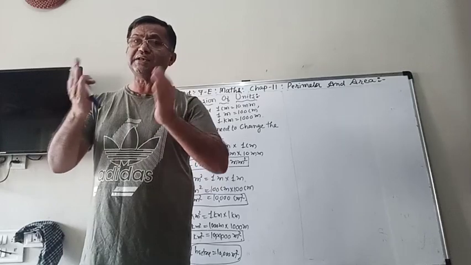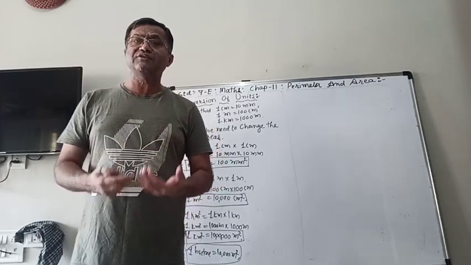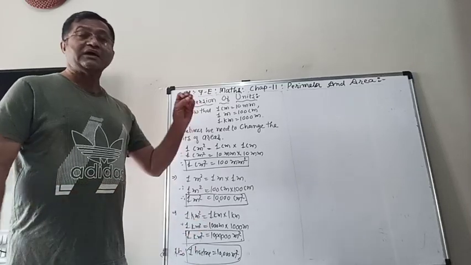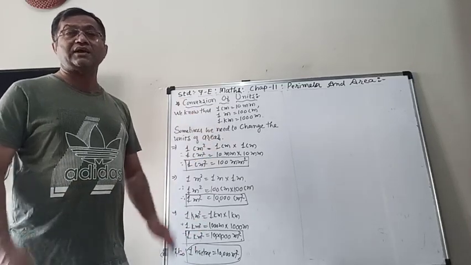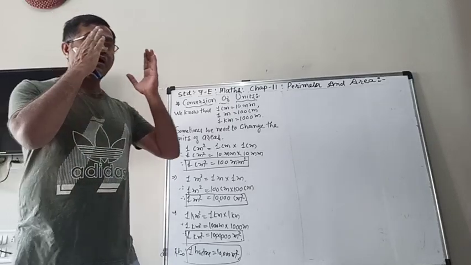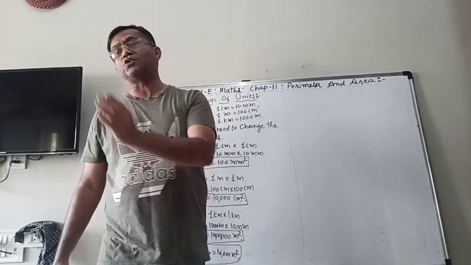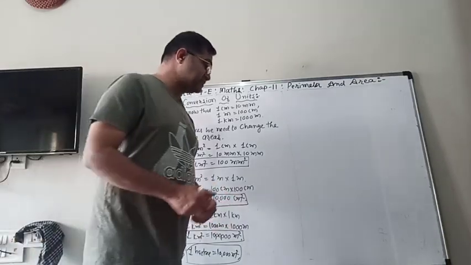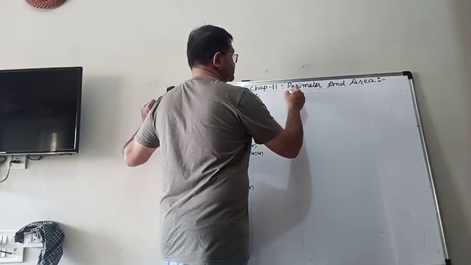So when we get it in meter square, we convert it using this formula, that 1 hectare is 10,000 meter square. Let us understand with some examples in the try this.